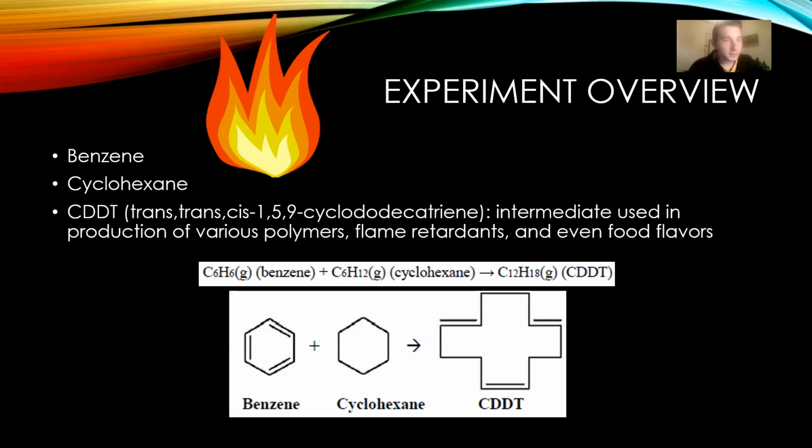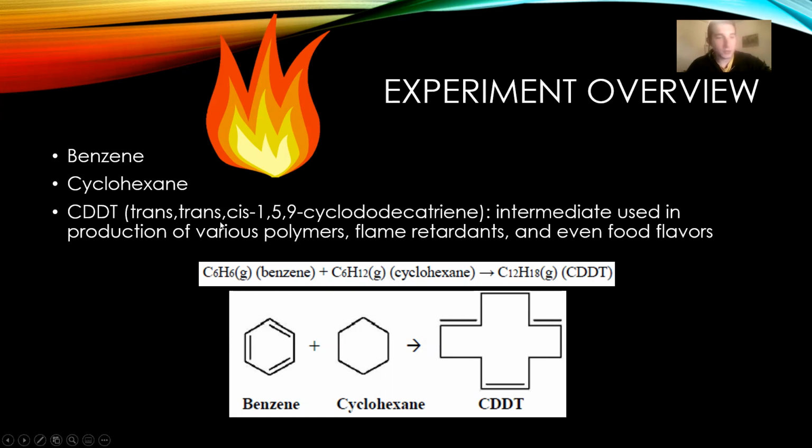That's important because it means that the heat of combustion for CDDT will equal the heat of combustion for benzene and cyclohexane combined. We're missing one thing though, and I'll get to that in the next part.